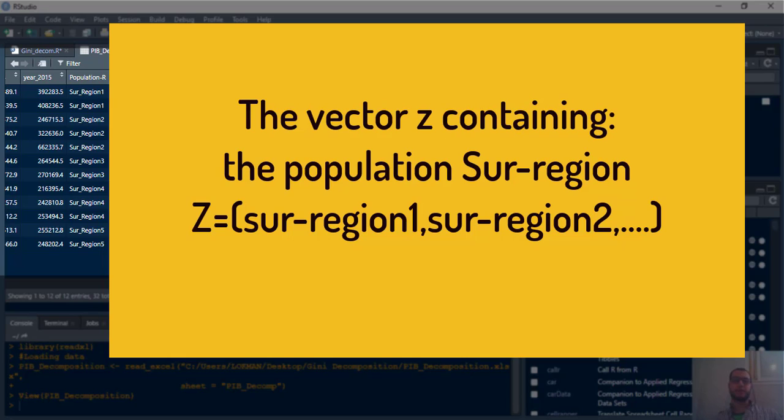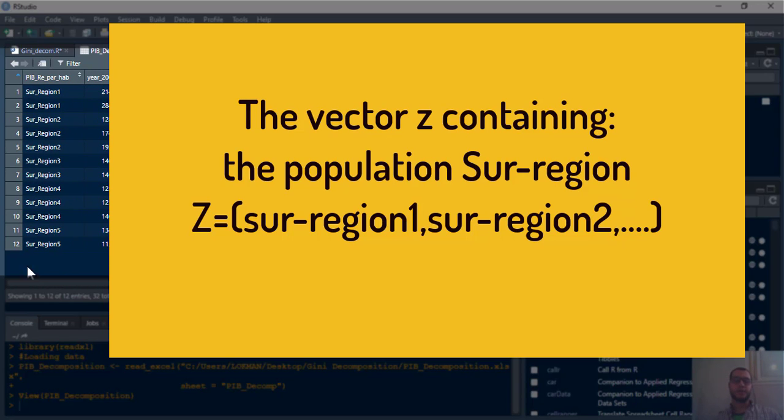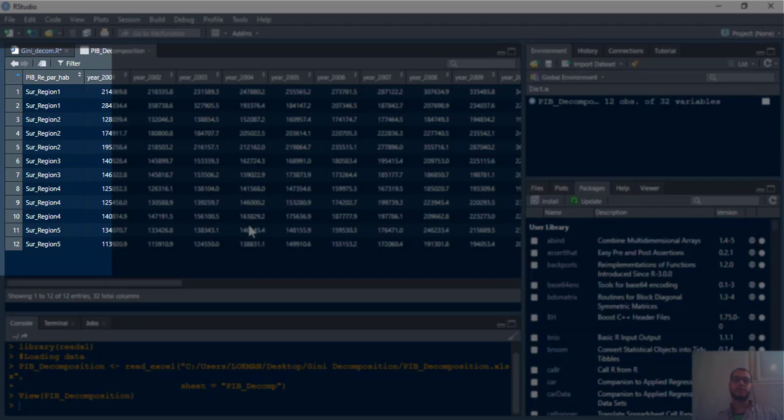This is the vector Z for 2004, because I don't have this data for 2001 to 2003, so I will focus on the year 2004. This is the vector Z, and this is the vector X.